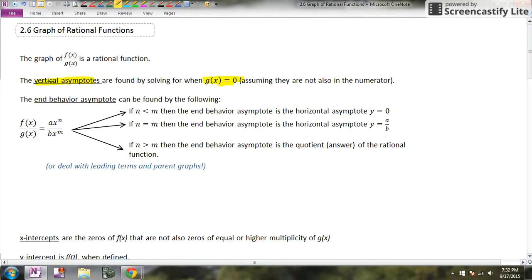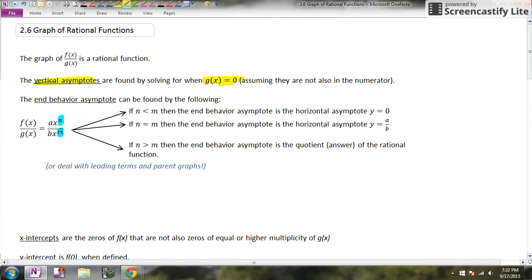Now, the end behavior asymptote, also known as the horizontal asymptote, also known as the HA when I'm feeling lazy, is a little pattern that you have to know. You compare the degree of the numerator and the denominator, and then you follow that little chart. If the numerator's degree is less than the denominator's, then the horizontal asymptote is y equals 0.